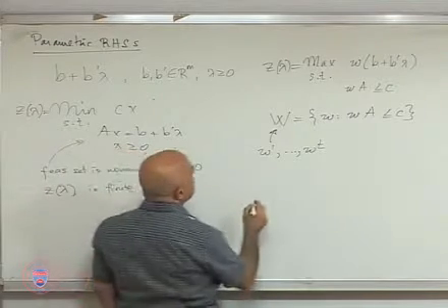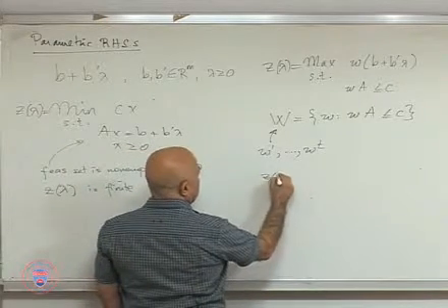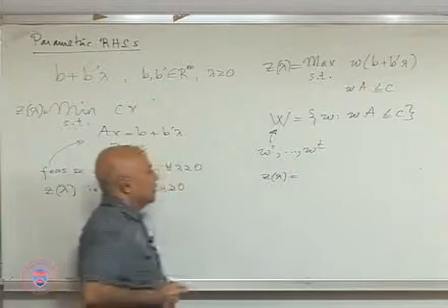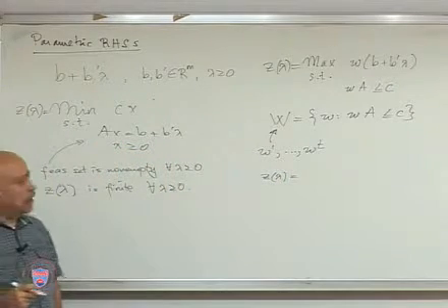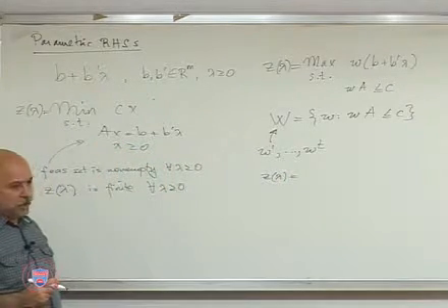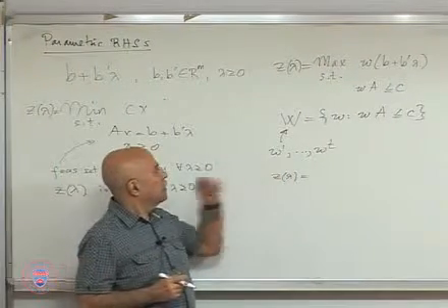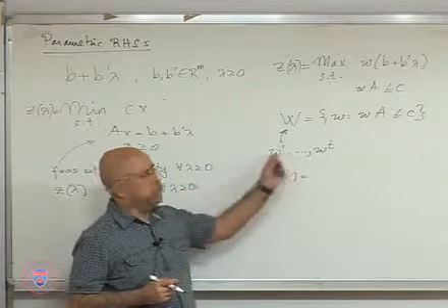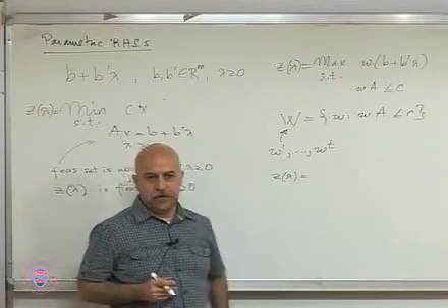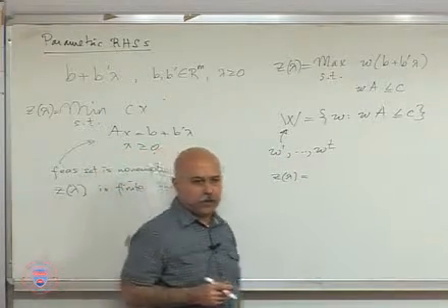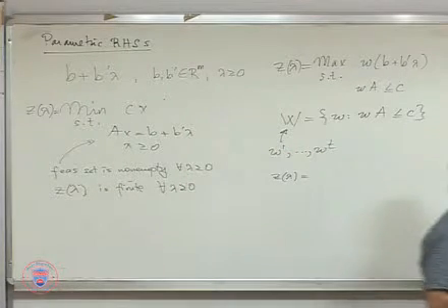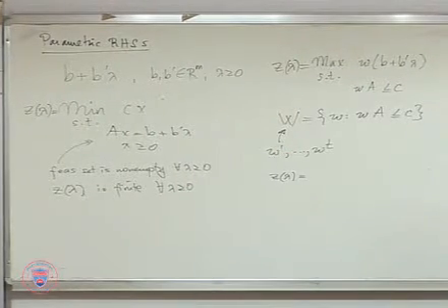And z of lambda, under the assumption that it's well-defined or finite, will get realized at one of the extreme points due to the fundamental theorem of linear programming, which says that whenever there's an optimal solution, there's an extreme point optimal solution.